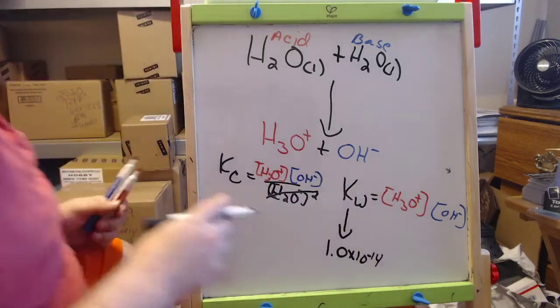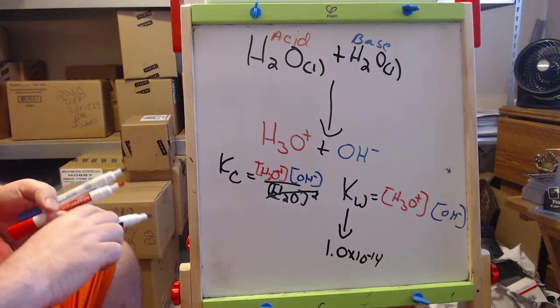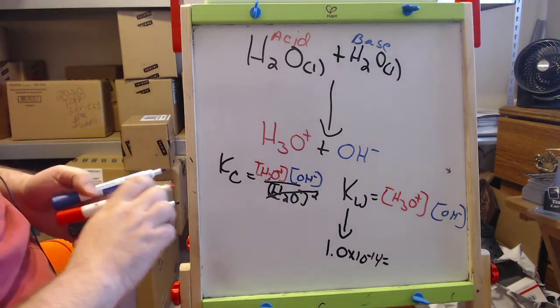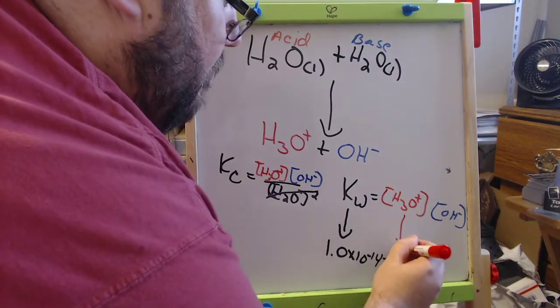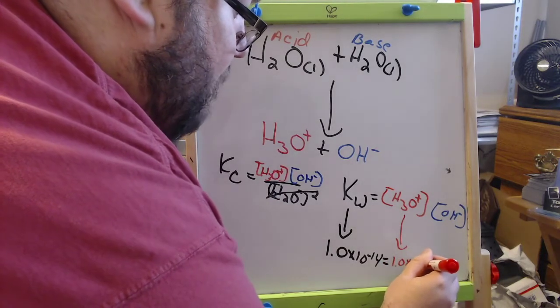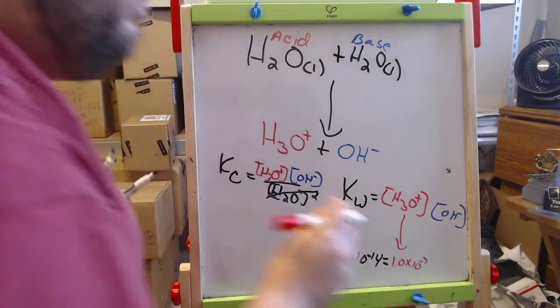That is a constant, which means in water, the concentration of H3O plus is 1.0 times 10 to the minus 7th, and that's why I said very, very small.